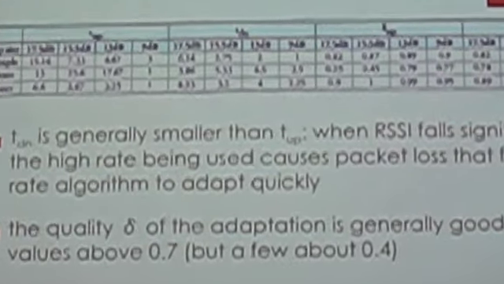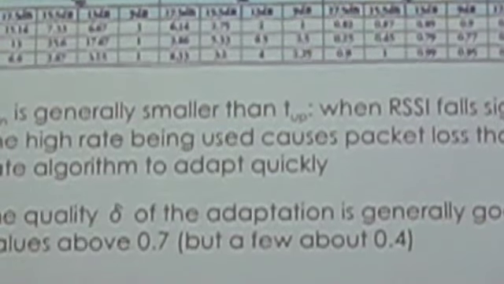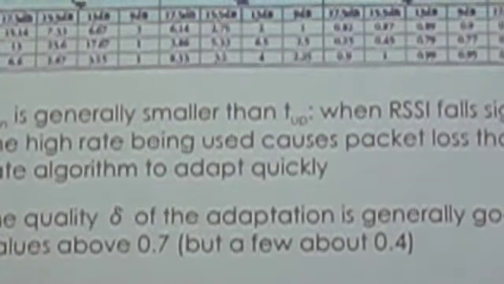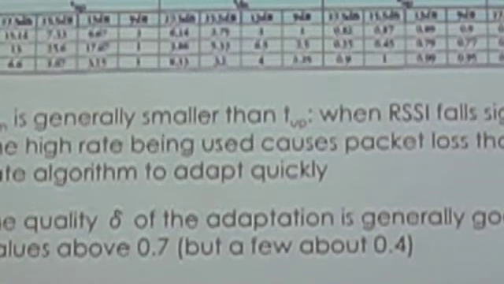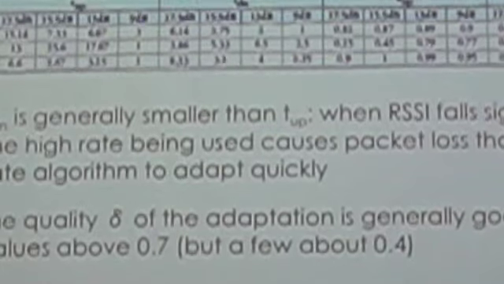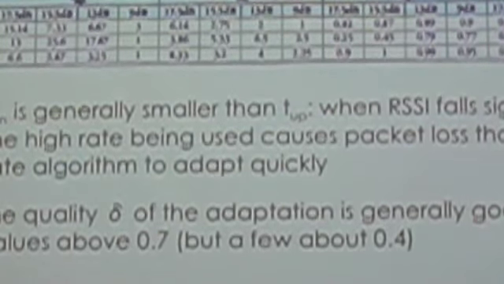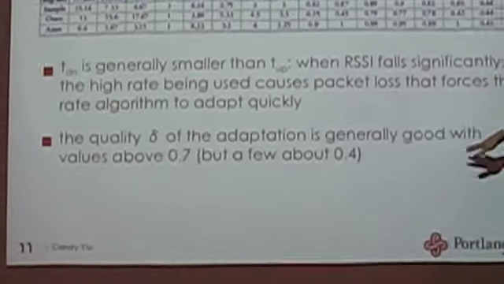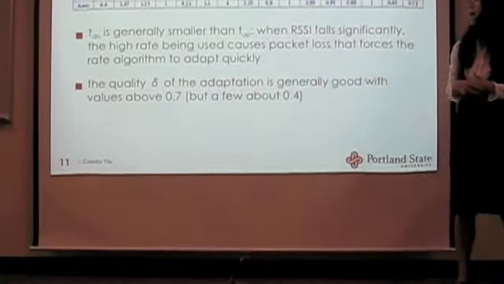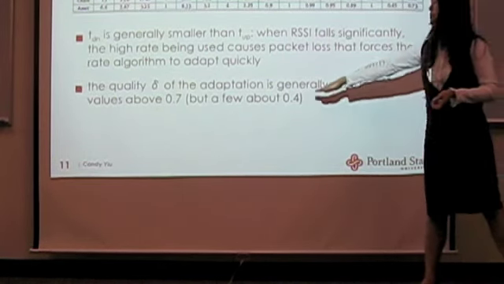As we can see, in general, T down is smaller than T up, because when the RSSI value falls significantly, the high rate being used causes packet loss and forces the rate algorithms to adapt quickly. And the delta, which is the quality, how well the rate algorithms adapt, is in general very good, about 0.7. And some of them are 0.4.